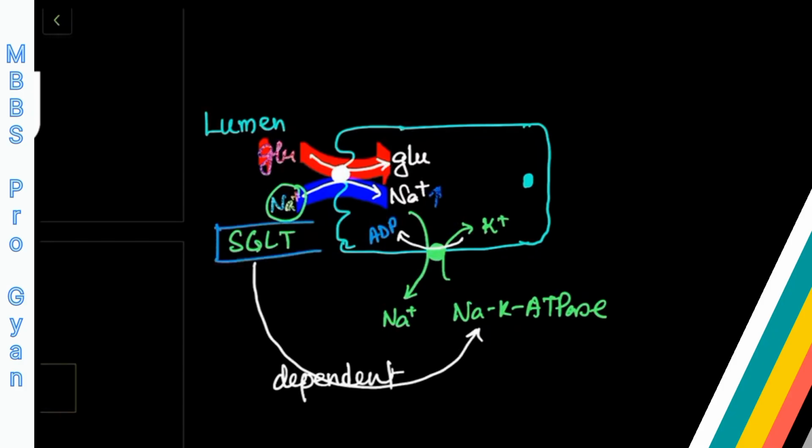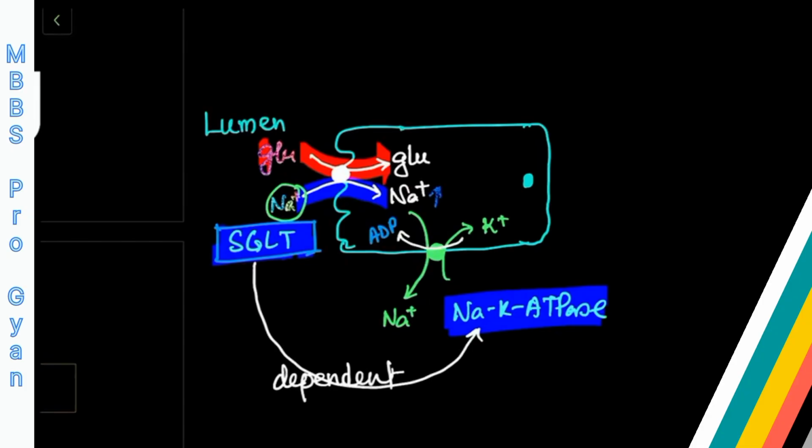That means even this SGLT requires energy, but where is it getting the energy from? It is not breaking down the adenosine triphosphate molecule itself, but for its energy source, SGLT is dependent on the sodium potassium ATPase pump.